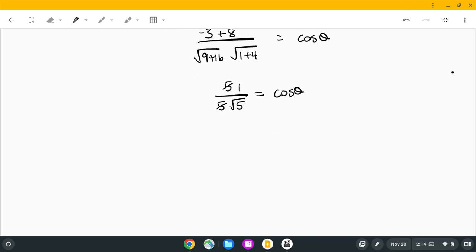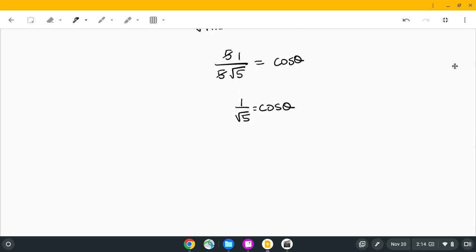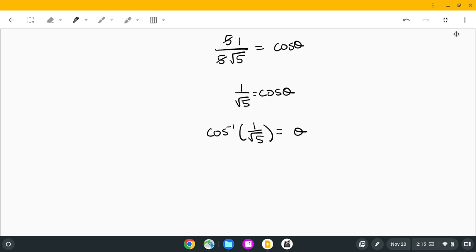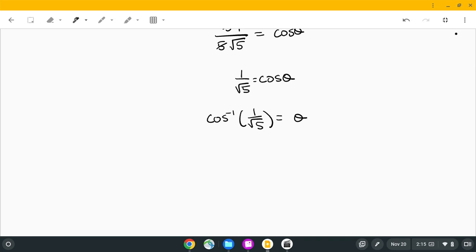All right, so cosine theta equals 1 over square root 5. So if I take the cosine inverse of 1 over square root 5, then I will get theta. And punching that into my calculator, I get 63.4 degrees.